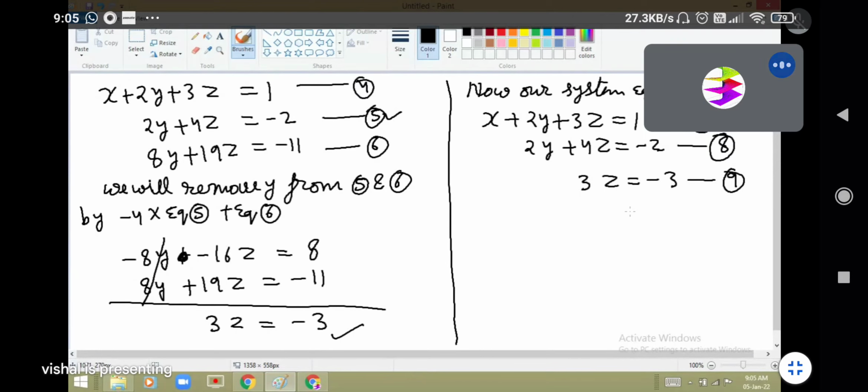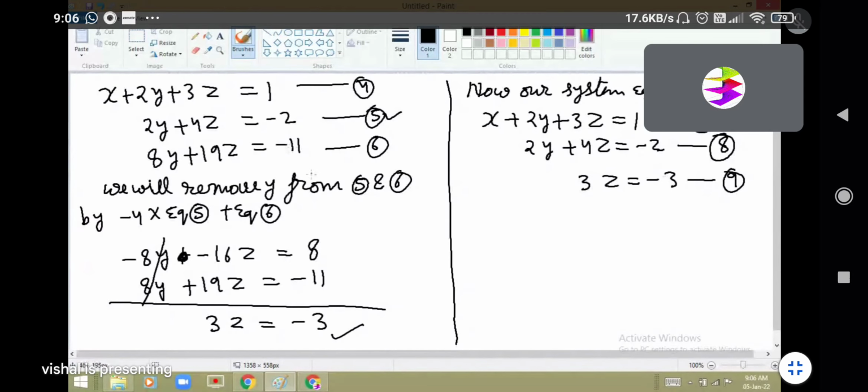Thus our system of linear equations, which is equation number 1, 2, 3 in the previous slide, becomes equation number 7, 8, 9, where equation number 7 has x, y, z, equation number 8 has y, z, equation number 9 has z only.